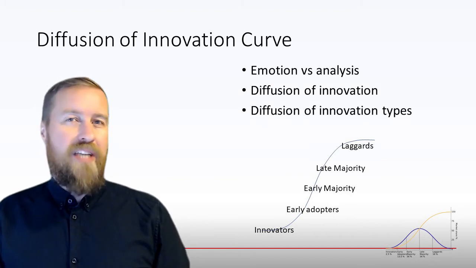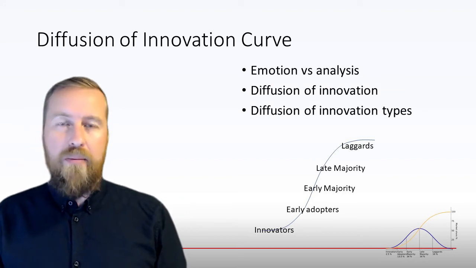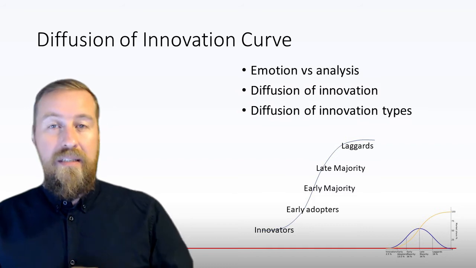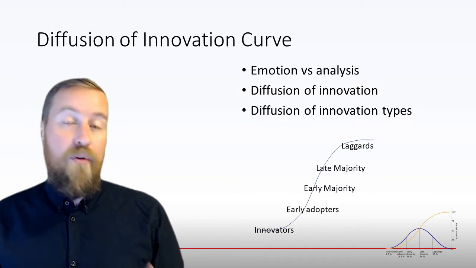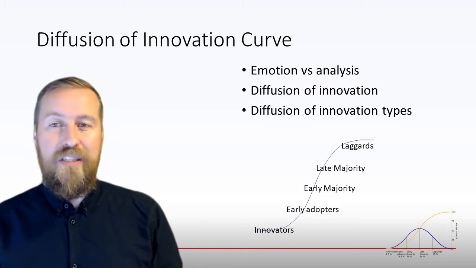Diffusion of innovation is actually a rather old idea, way back a couple of hundred years, but popularized in the 60s with the book Diffusion of Innovation, which has come in several variations over the years.